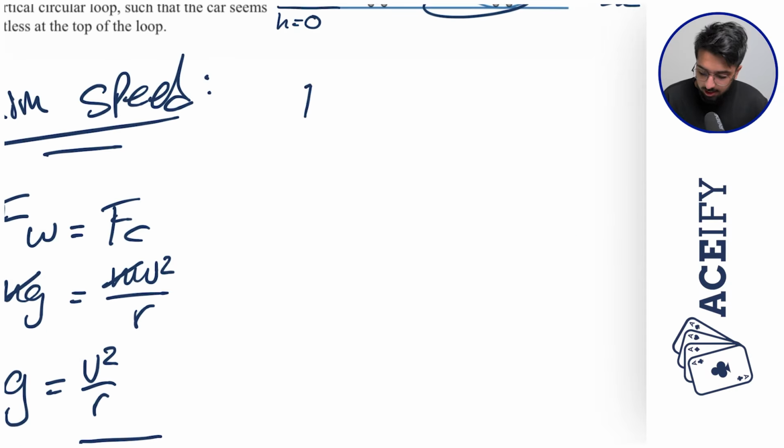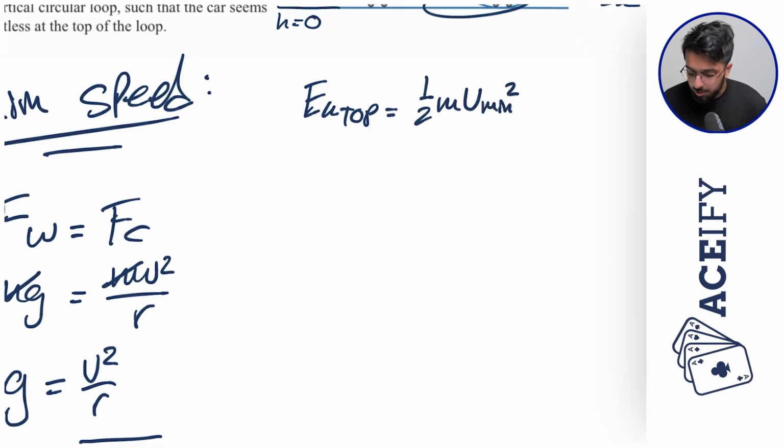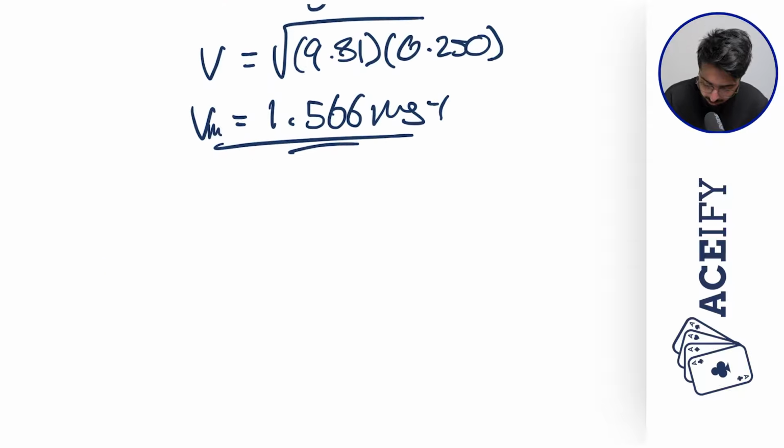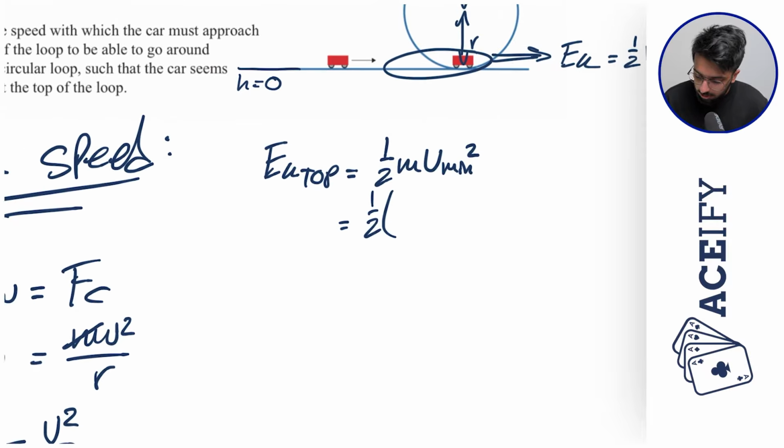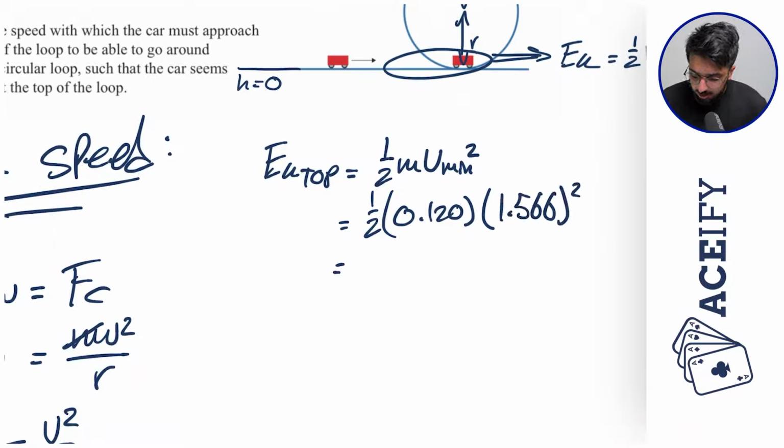We can calculate the kinetic energy at the top, and that's equal to half m v minimum squared, the minimum speed. We get half times the mass of the car, which is still 0.120, times our minimum speed squared, which is 1.566 squared, and that gives us kinetic energy at the top as 0.147 joules.